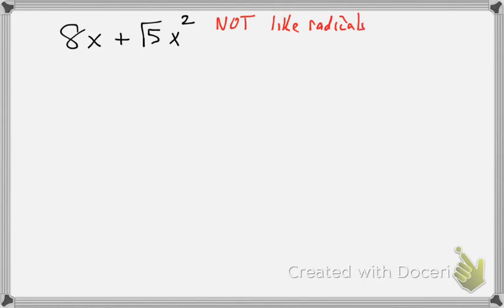Are they like terms? One of them's an x term, one of them's an x squared term. Those are not like terms. So they're not like radicals, they're not like terms. What can we do with this? Nothing. Sometimes the hardest thing for you guys to do. All right? This is it. If they're not like radicals and they're not like terms, there's nothing more to be done.